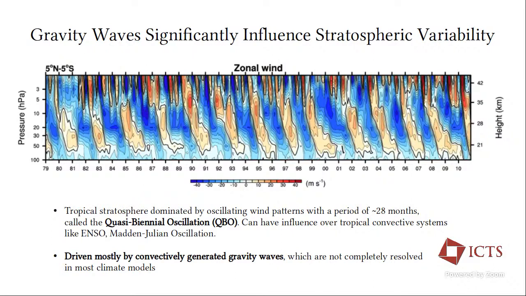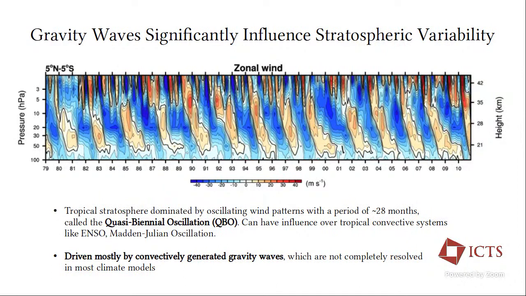So when you look at the time series of those winds, the tropical stratospheric winds, this is the height axis. This is the years from 1979 to 2010. This is the wind strength, and this is the pressure height. So you'll see that the tropical stratospheric wind variability comprises these oscillating positive and negative jets in the tropics.